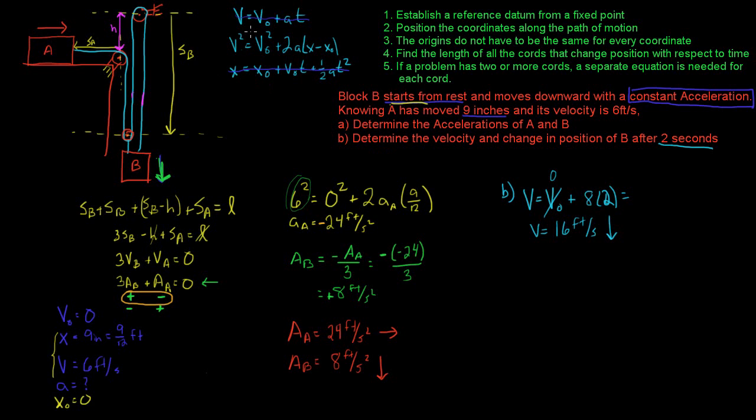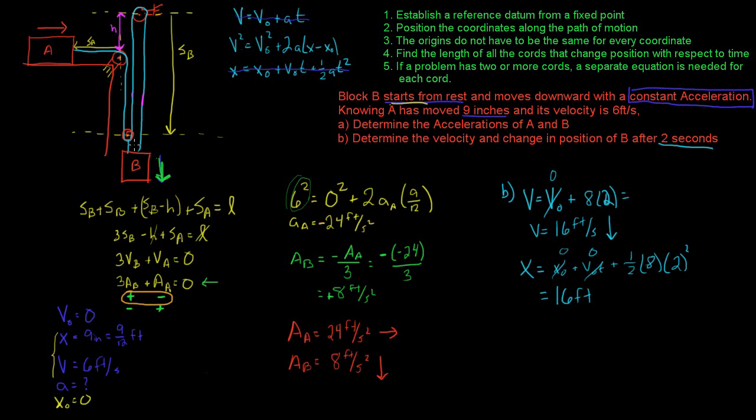And likewise, for the position, we can look at the position is equal to the initial position, which we can call 0, plus the initial velocity times time, which we can call 0, plus 1/2 the acceleration, which is 1/2 times 8, times time squared, and this becomes 16 feet.